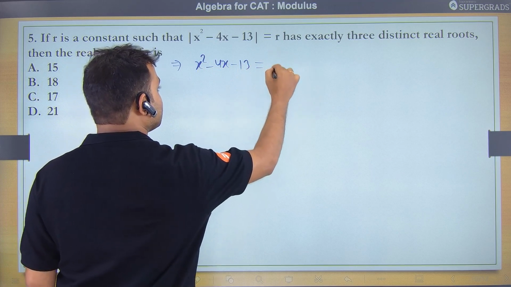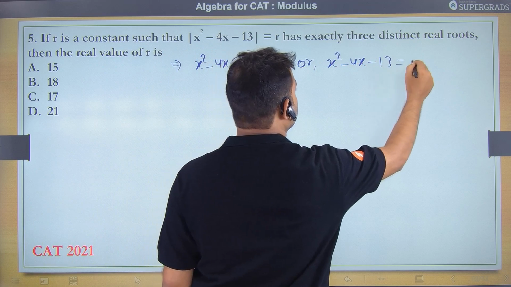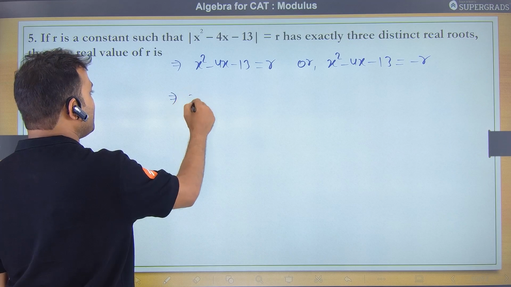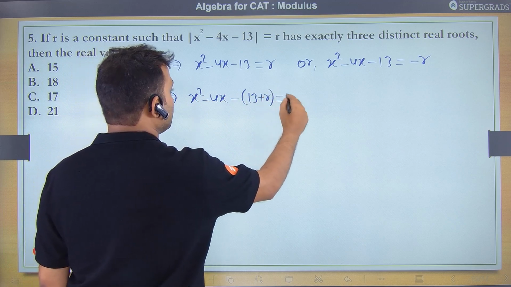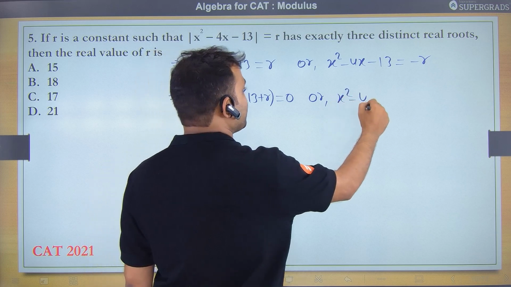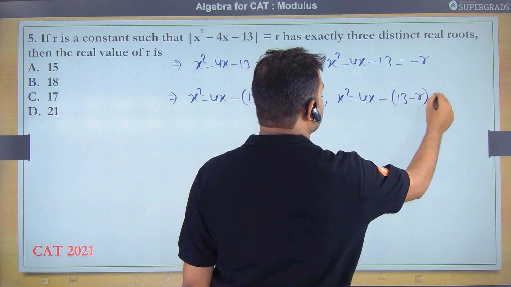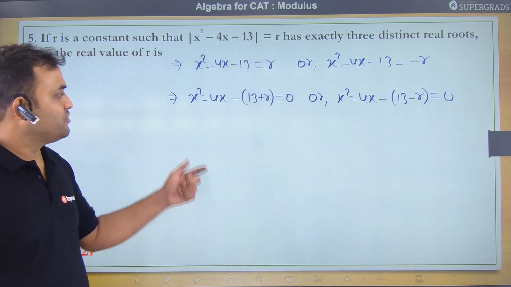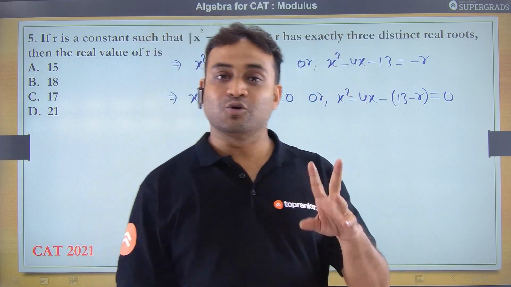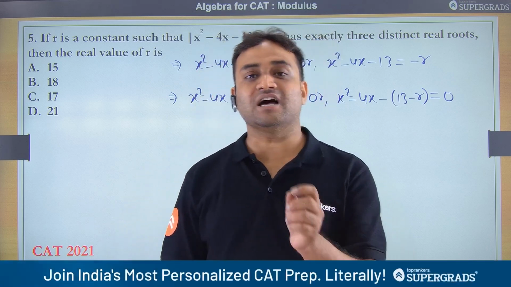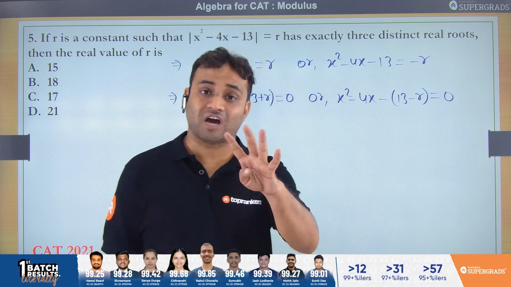So we can write this as x square minus 4x minus 13 is equal to r, or x square minus 4x minus 13 is equal to minus r, or x square minus 4x minus 13 plus r is equal to 0, or x square minus 4x minus 13 minus r is equal to 0. Now see, we have two quadratic equations, and in a quadratic equation there are two roots. Those two roots are either both real or both imaginary. So if we consider that this has two real roots and this also has two real roots, then there will be four real roots.